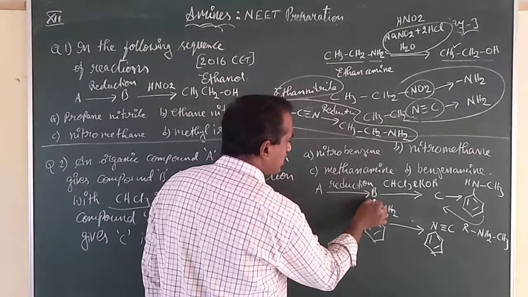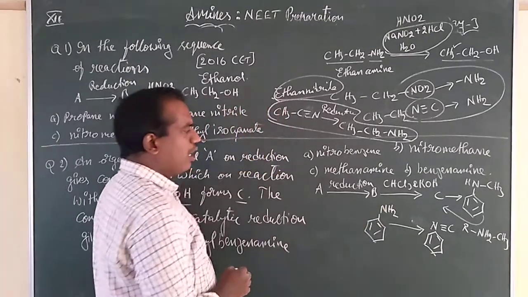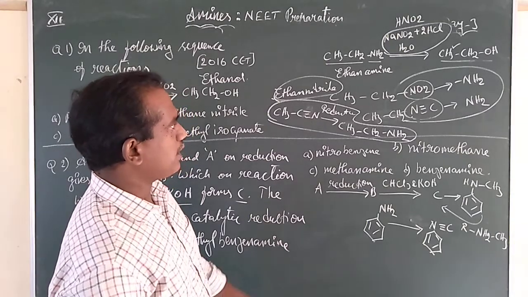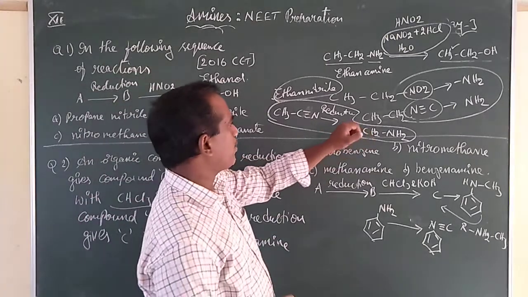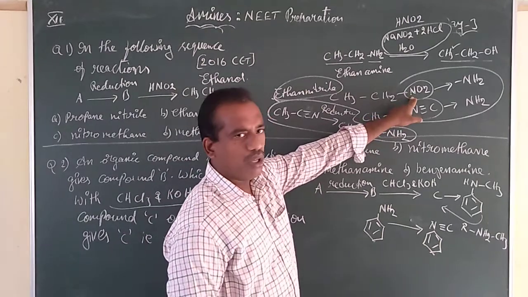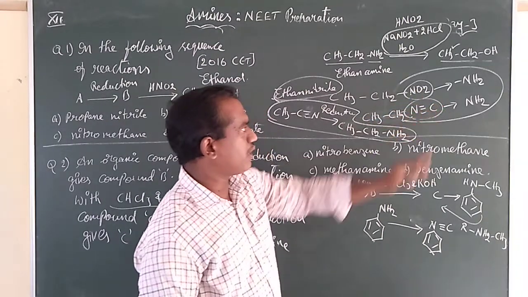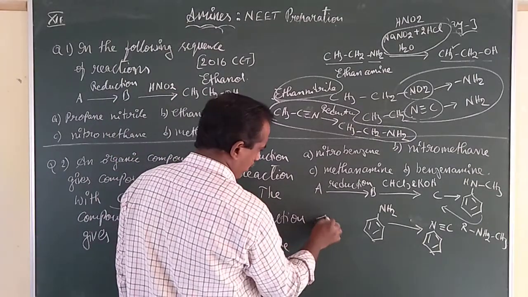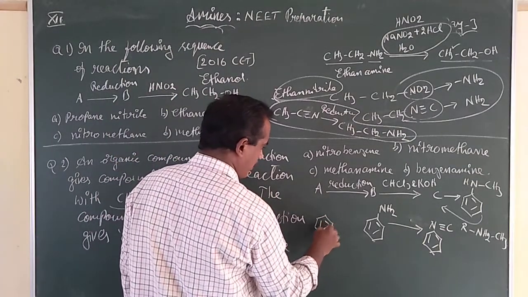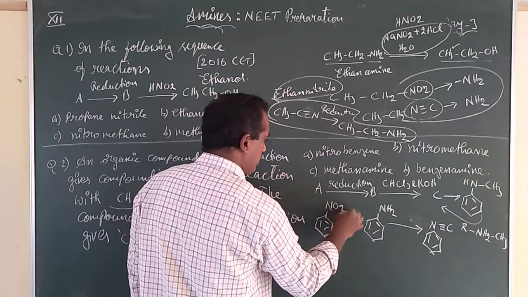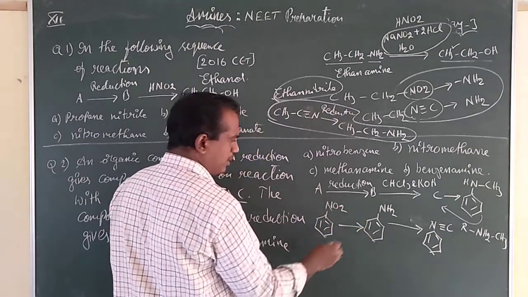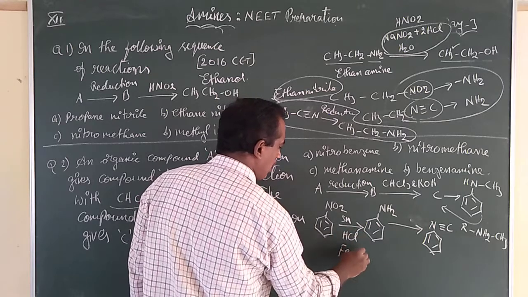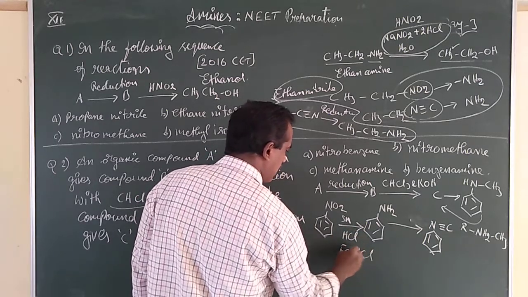Now A on reduction is giving B. See here children, what I suggested: whenever we have a nitro group, on reduction that will be converted to an NH2 group. Very important example here. If it is nitrobenzene, you can use tin in the presence of HCl, or you can use Fe in the presence of HCl.